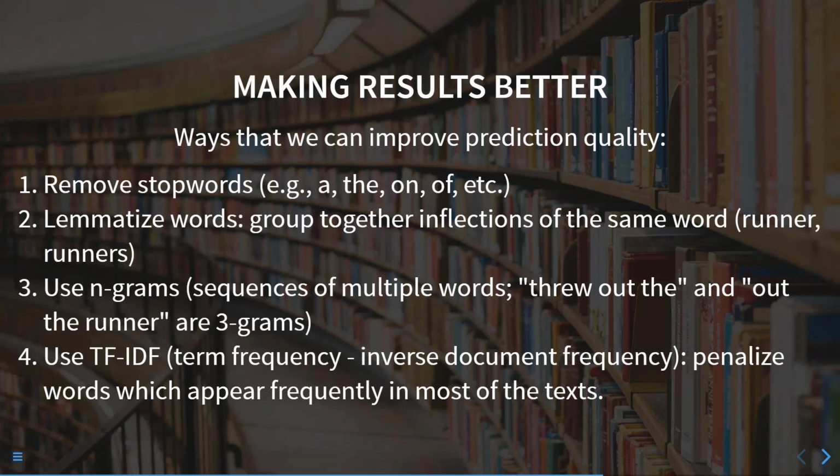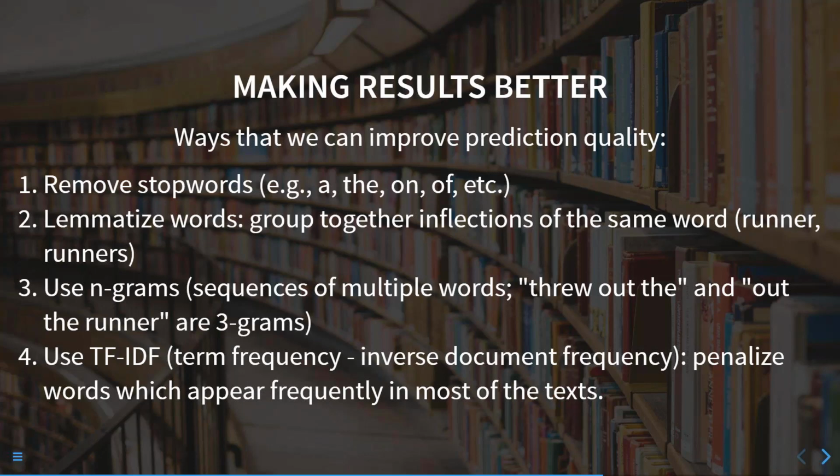A, the, on, of. Yes, prepositions are important. Articles are important, direct or indirect. But if I have the word the, it's not going to change the category of my text because the word the will appear in nearly 100% of all texts.